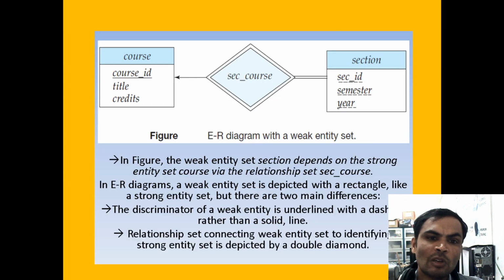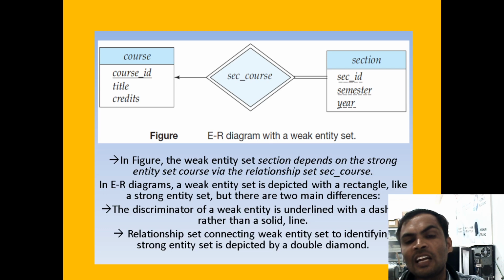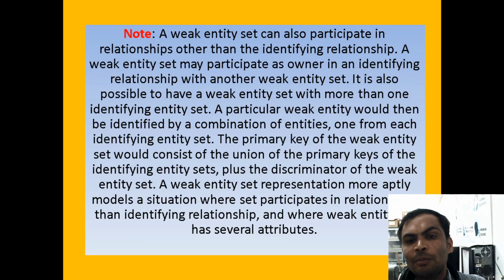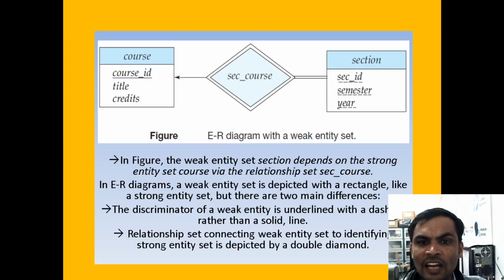According to your diagram, under the section entity we have the section ID, semester and name. The discriminator of the weak entity set does not have the primary key attribute available.